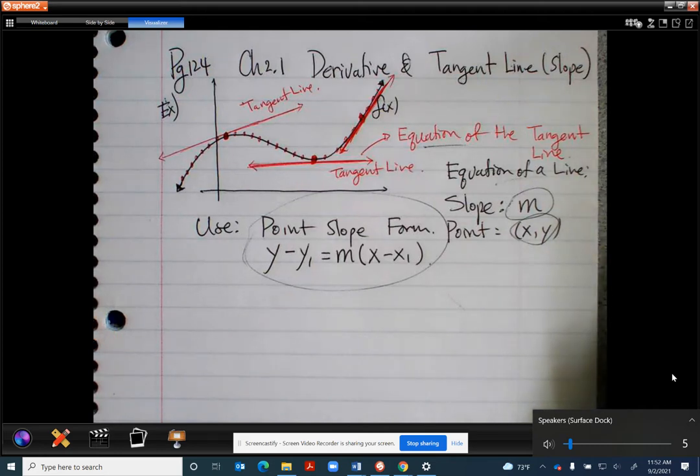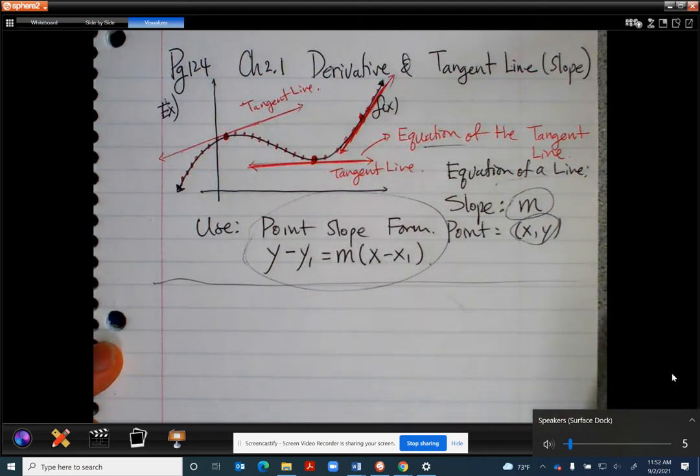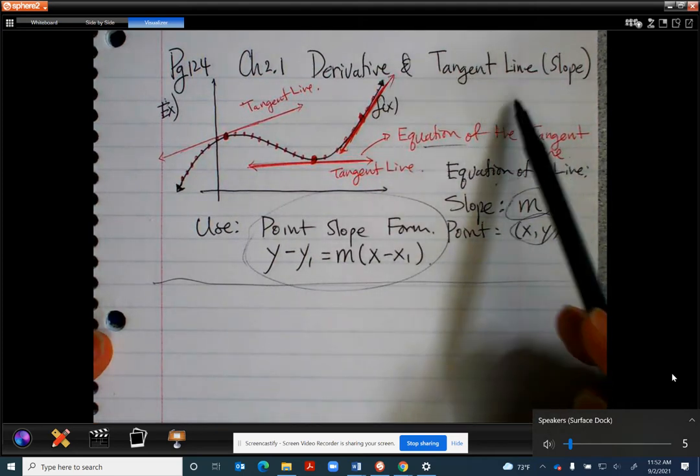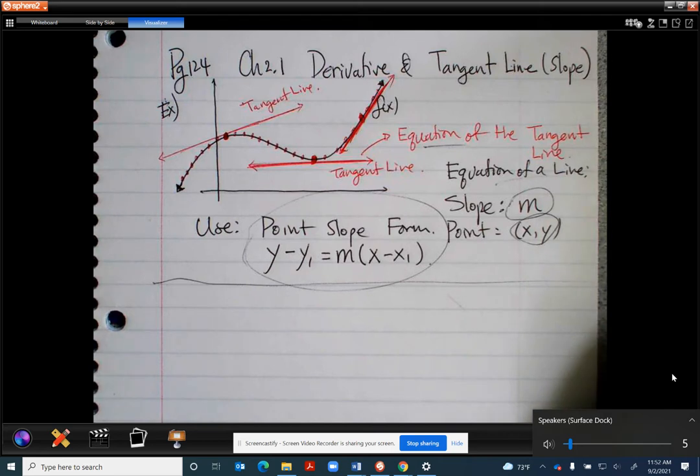We haven't done any calculus yet. This is all of the stuff that you should have learned from integrated 3 and also from integrated 1 and 2. Are we clear? Do you guys remember all this? Alright. So we're going to use all of these ideas to find the tangent line using calculus.